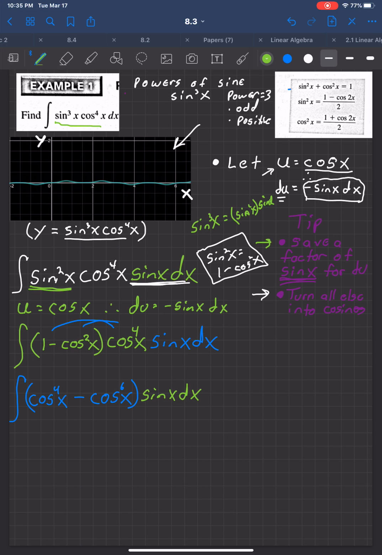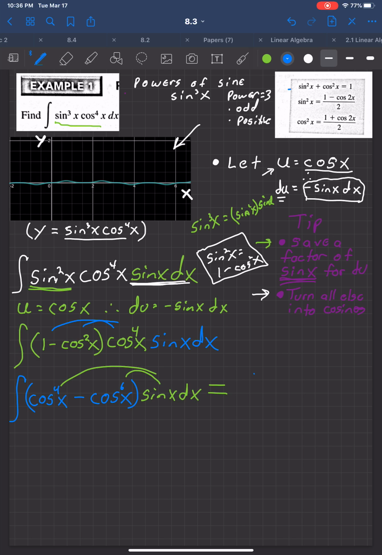Now what I'm going to do at this stage is split this up into 2 different integrals. That part doesn't really matter, but what matters is I'm going to go ahead and split this up.